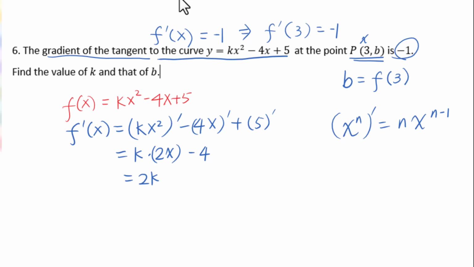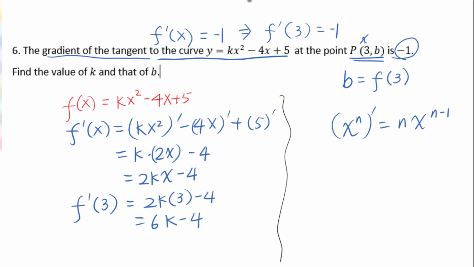Simplify: 2kx minus 4. Then f prime of 3 equals 2k times 3 minus 4. Do the substitution. Equals 6k minus 4. From the given information, we do know f prime of 3 equals -1. So we have 6k minus 4 equals -1.